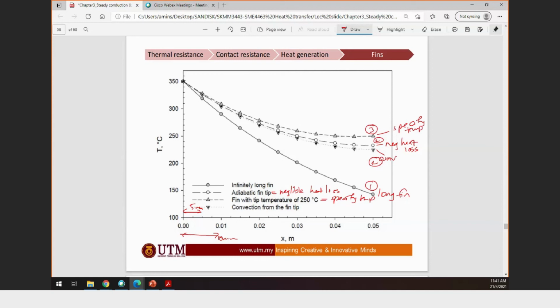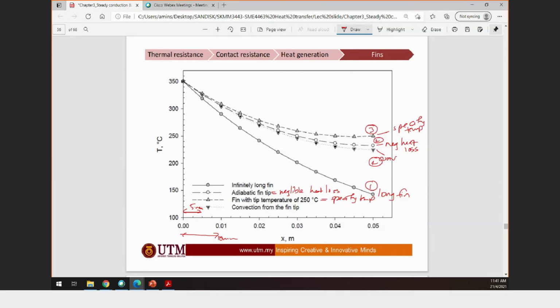So meaning that if you want to do the analysis, case 1 will give you an answer, but with quite a big error compared to 2, 3, and 4. Okay, so this is what we can summarize from this result.